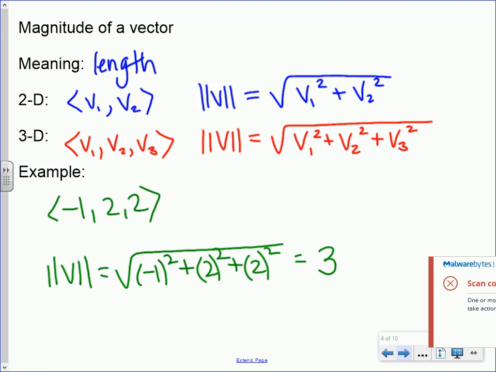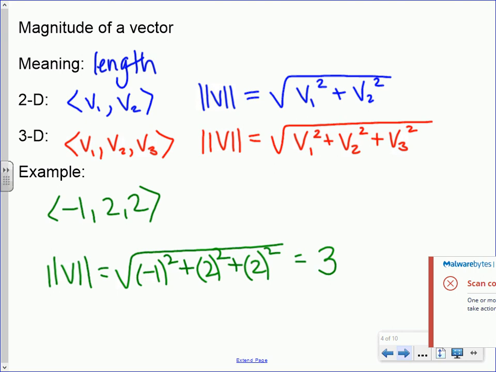Okay. Now, unfortunately, in 3 dimensions, we're not going to talk about the direction of a vector. In 2 dimensions, we can easily describe the direction from the angle from the x-axis. Okay? Well, in 3 dimensions, we have all sorts of angles that we can calculate.